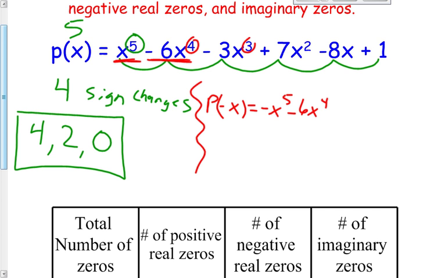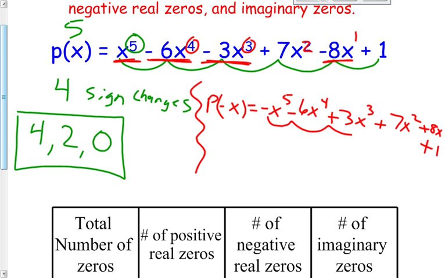Here's an odd exponent, which means the sign is going to switch, so that's going to turn to a positive 3x cubed. Here we have an x squared, so whenever the degree is even, the sign is going to stay the same. So a positive 7x squared. This sign is going to switch because it's an odd exponent, so a positive 8x, and then we have a positive 1. So how many sign changes do we have?